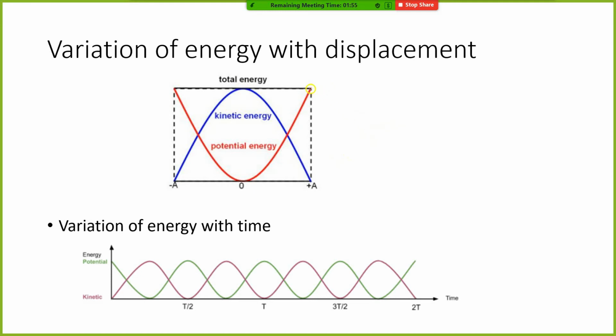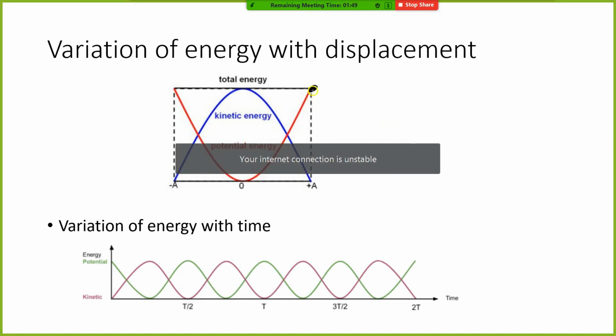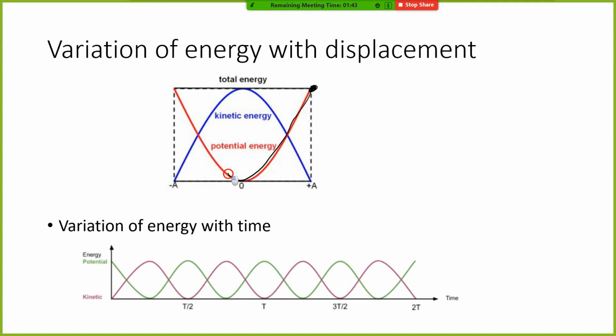Let's imagine that this is where I'm oscillating the object from. For me to count one period, I would have to record the time that the object takes to go to this amplitude and record the time that it takes to come back to the same amplitude. That would be one oscillation.